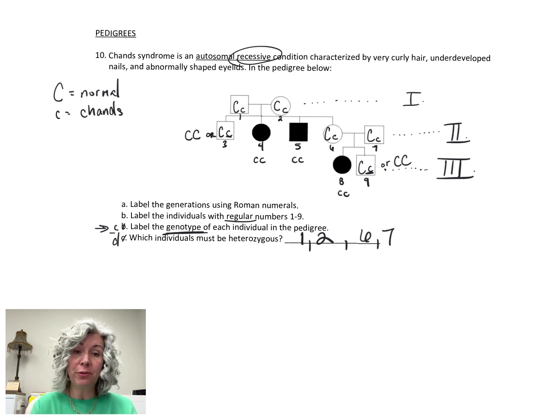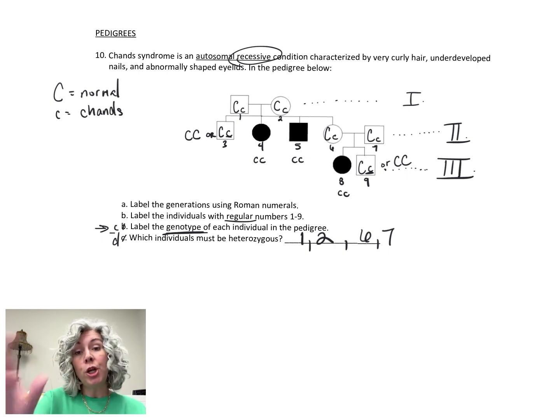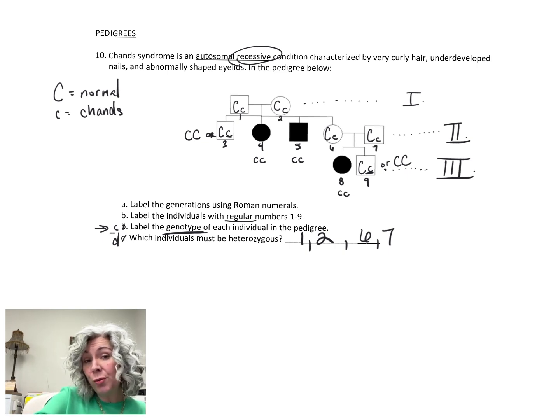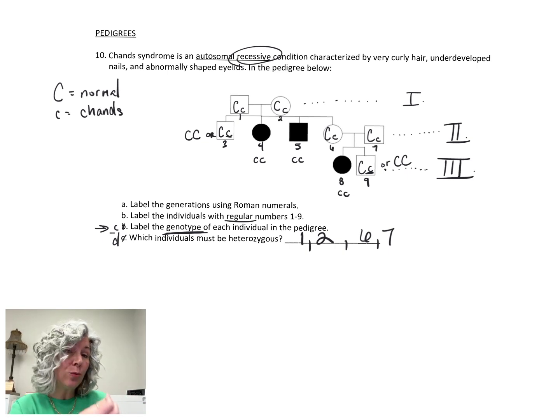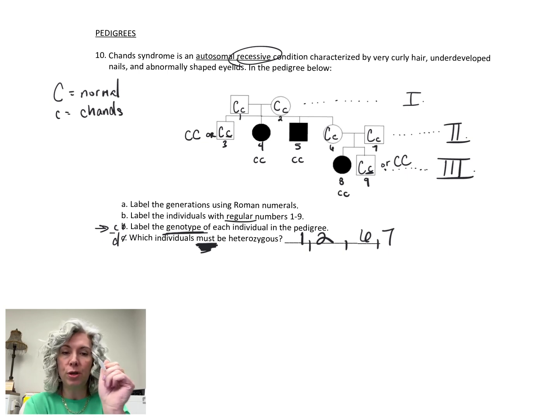They have to be heterozygous. Number 3 could be, we don't know. Number 9 could be, we don't know. So we're going to leave those off because your question says which ones must be heterozygous. The only individuals in this question that we know must be heterozygous is number 1 and 2 because they had offspring with it, and 6 and 7 because they had offspring with it. They passed that trait down.